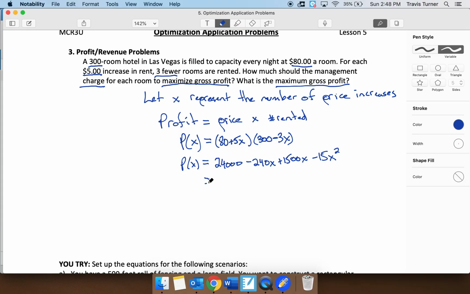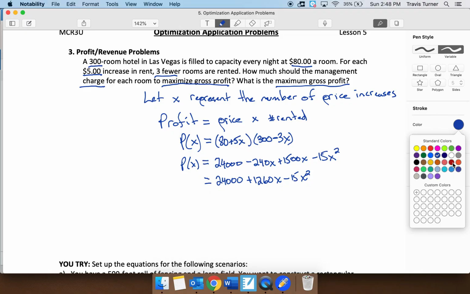Then we can just collect like terms. So I get 24,000 plus 1260x minus 15x squared. So this gives me an expression that I can now find the maximum for.